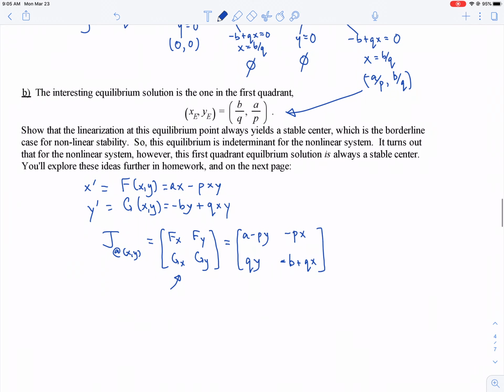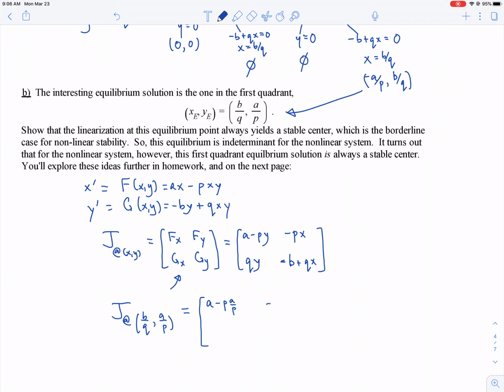That looks messy, but let's see what happens when we compute the value of the Jacobian at the equilibrium solution, b over q, a over p. Okay, so a minus p times a over p is just going to be 0. So I'll just substitute in here and then write the answer.